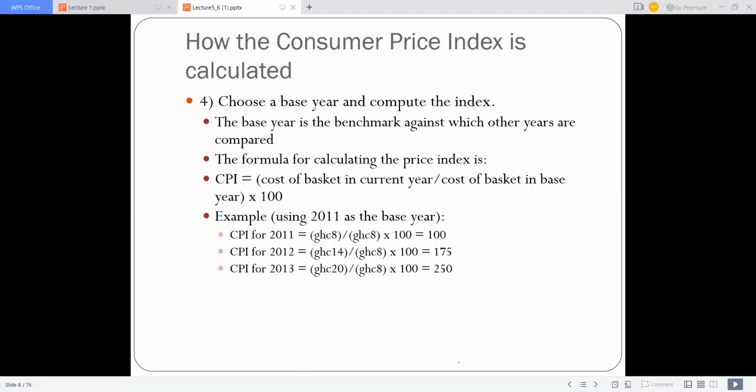Okay, sure. Did they give you the base year in the question? Yes. They gave the base year.